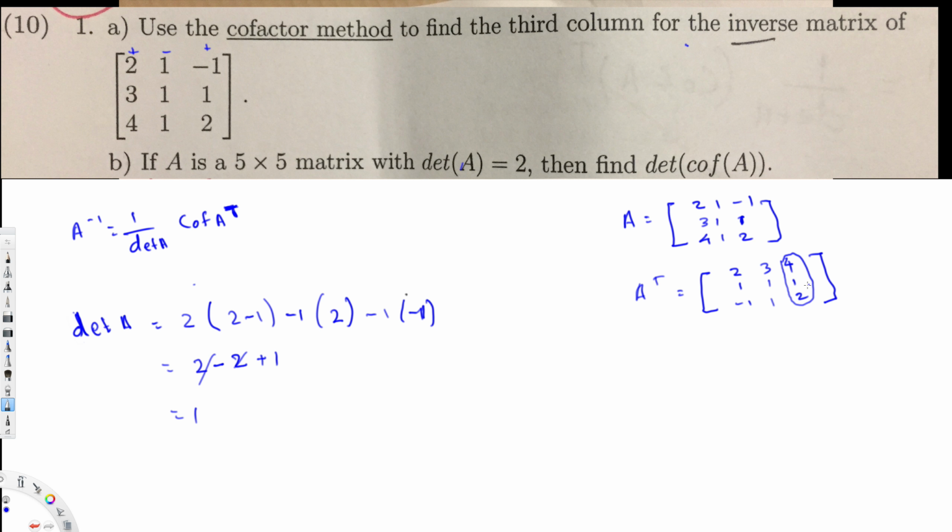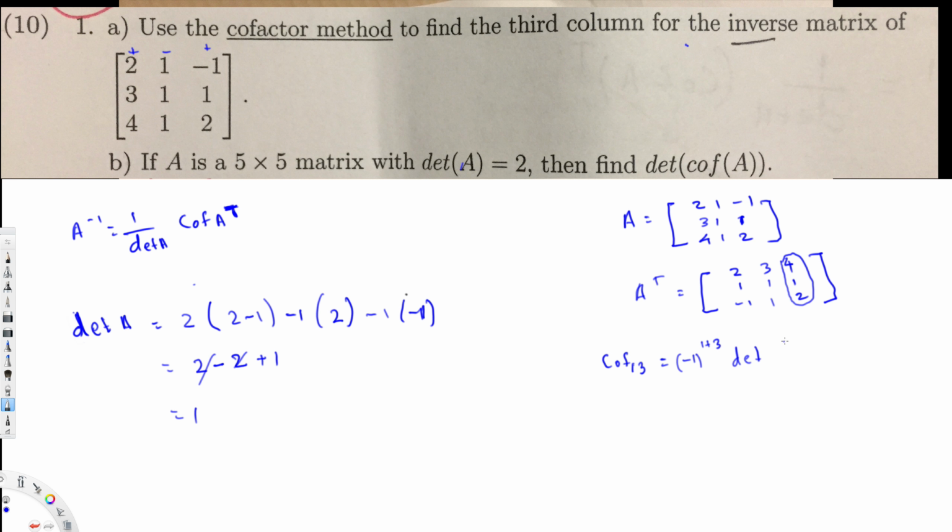Now I have to find the cofactor of this one. This location is 1, 3. So it's going to be the cofactor of 1, 3, right? Cofactor of 1, 3 is going to be minus 1 to the power of 1 plus 3 times the determinant of this one.